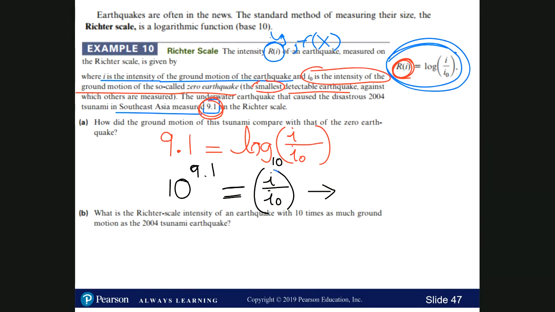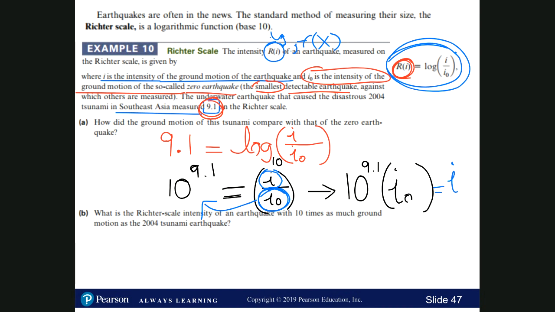And so if we want the intensity of this earthquake, you could see here how I sub 0 is dividing. So if we take that across, it's going to be multiplying. And so what this tells me is that we're going to multiply 10 to the power 9.1 times I sub 0.